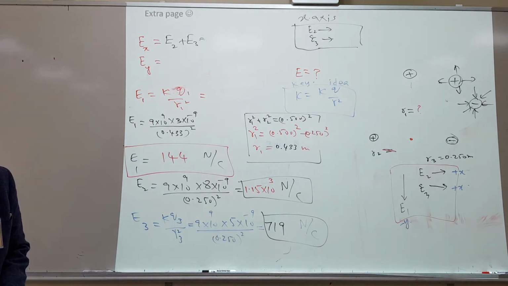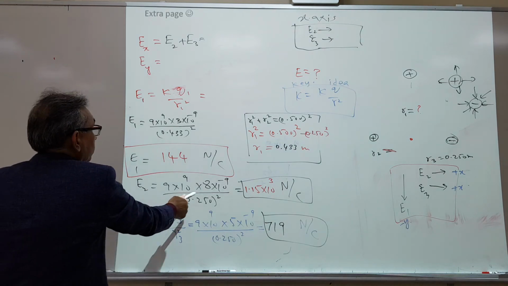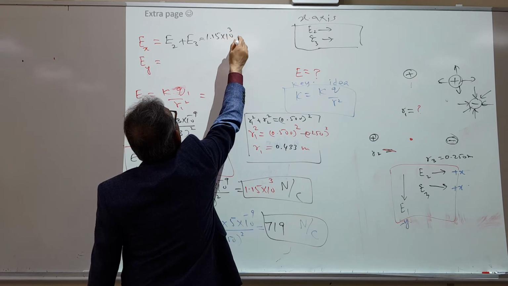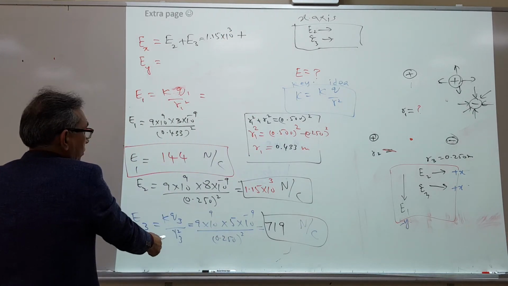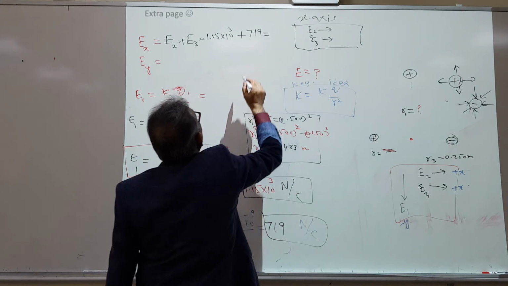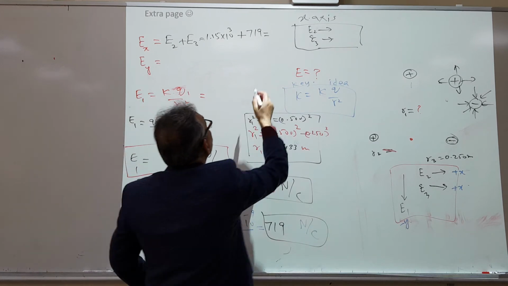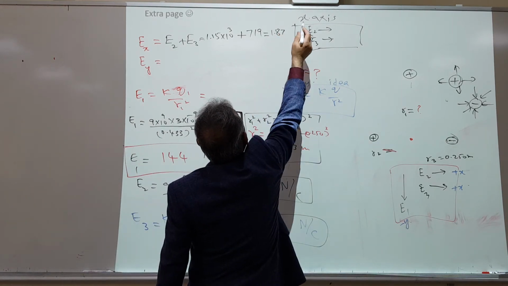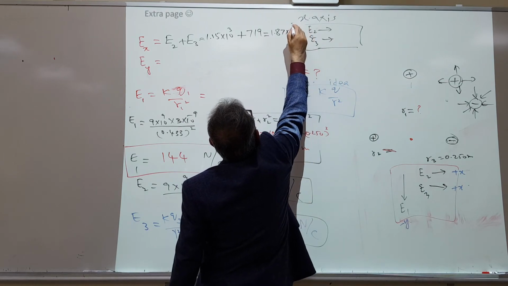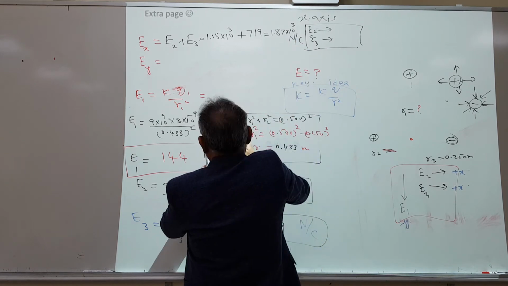You write down their values, E2 1.15 plus E3 7.19, so you would get Ex equals 1.87 times 10 raised to power 3 Newton per Coulomb.